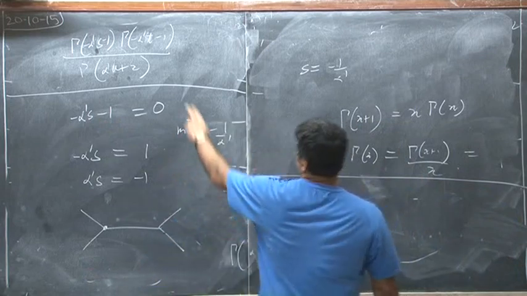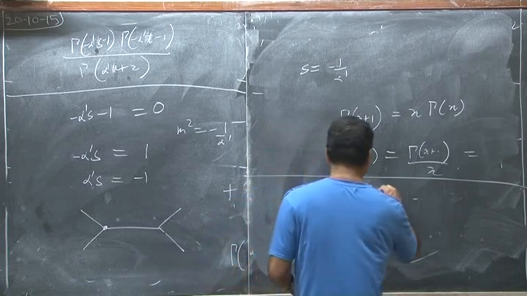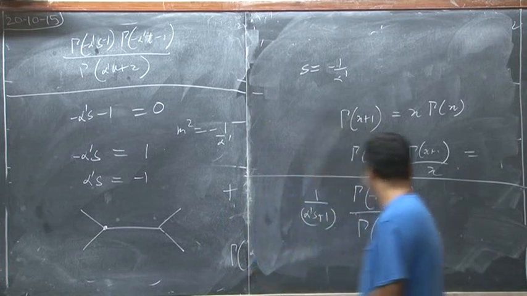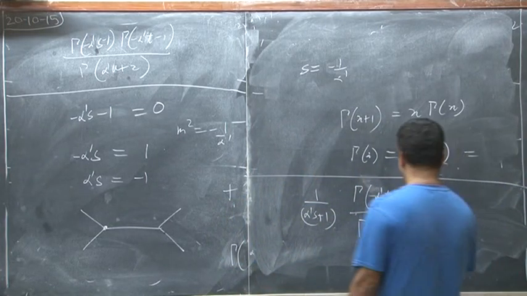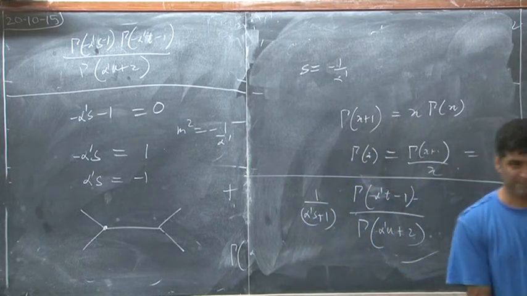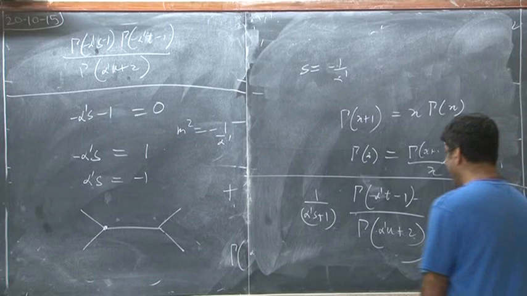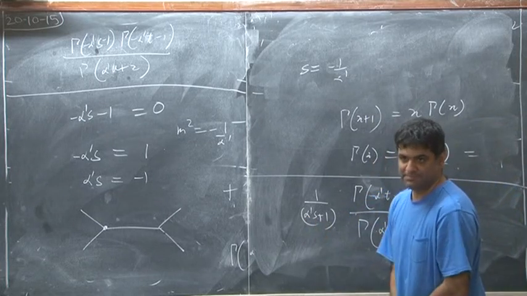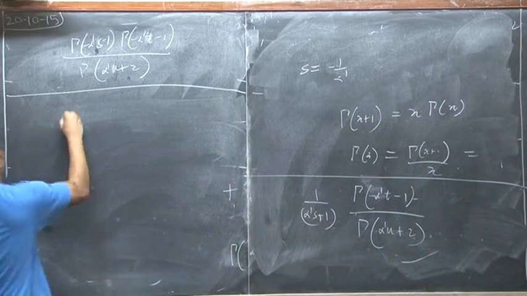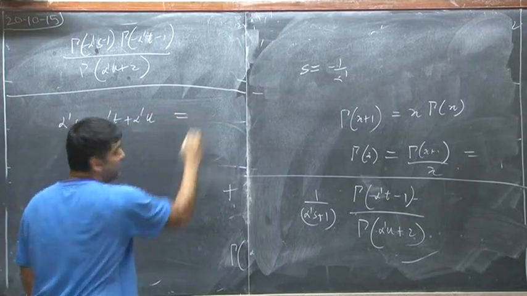Now what we've got left here is gamma of minus alpha prime t minus 1 divided by gamma of alpha prime u plus 2. But what do we know? We know that alpha prime s is equal to minus 1. And we know that alpha prime s plus alpha prime t plus alpha prime u is equal to minus 1.